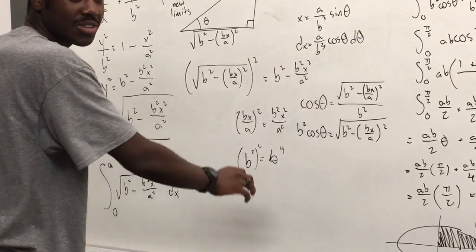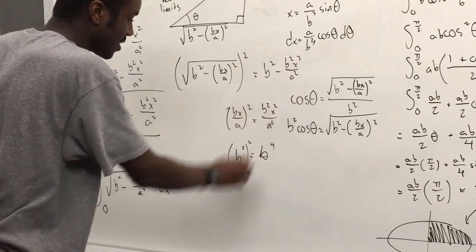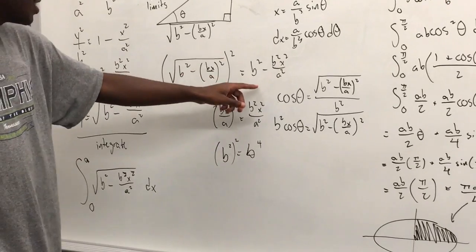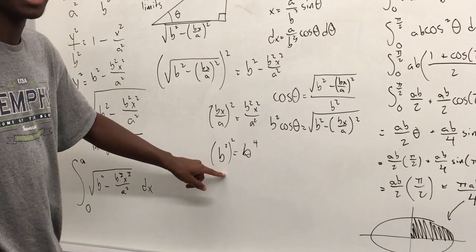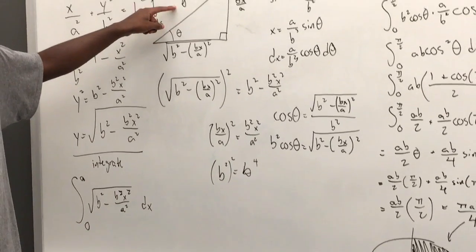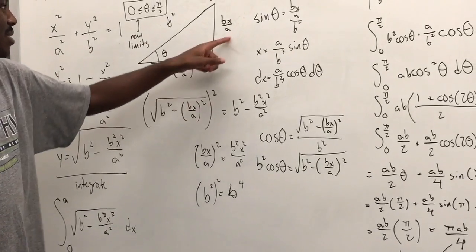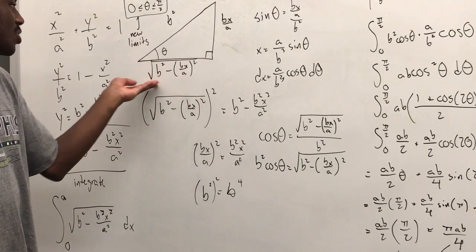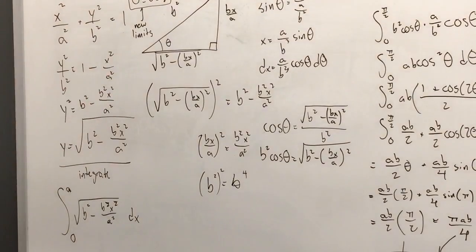So these expressions right here will cancel out. So you'll just be left with b squared equals b squared, and that means b squared is the hypotenuse right here, and bx over a and this square root will be under here.